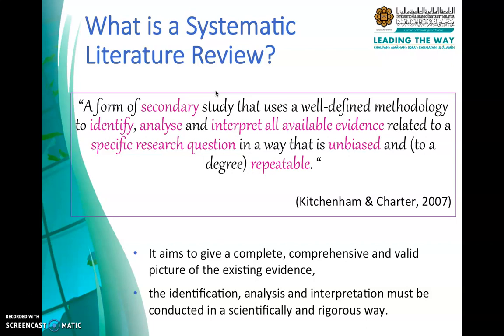This is one of the definitions, given by Kitchenham and Charters. They say that a systematic literature review is a form of secondary study that uses a well-defined methodology to identify, analyze, and interpret all available evidence related to a specific research question in a way that is unbiased and to a degree repeatable.